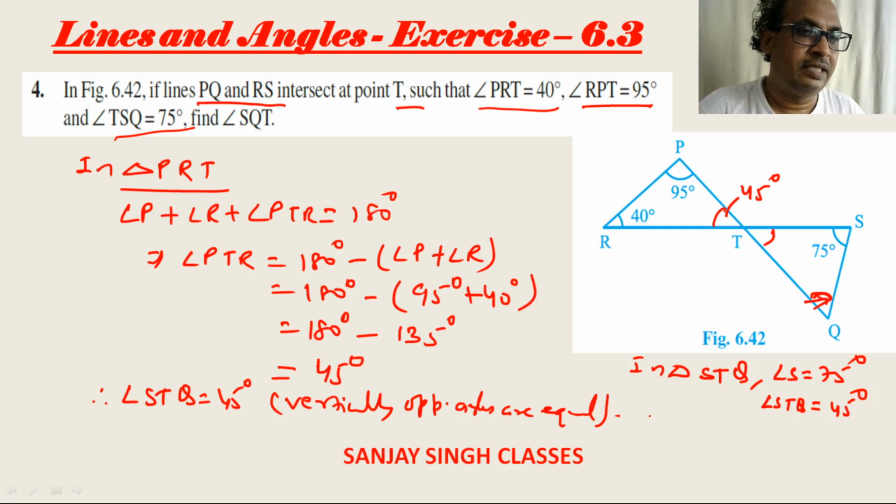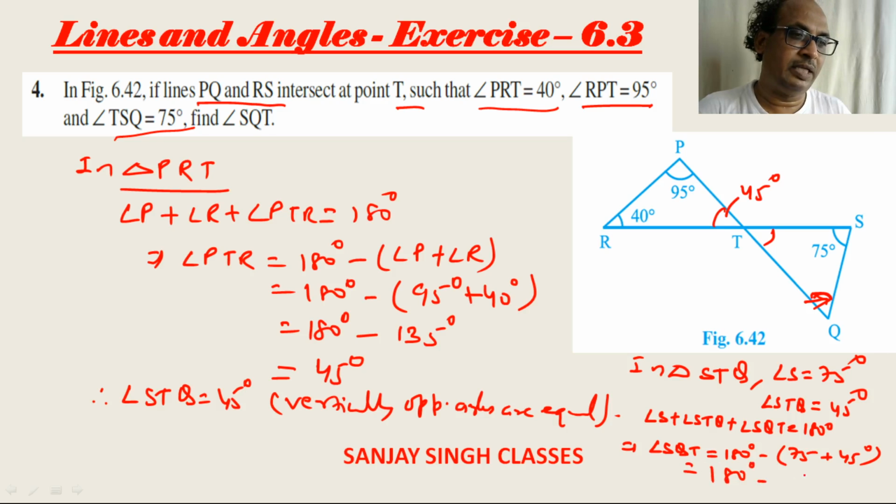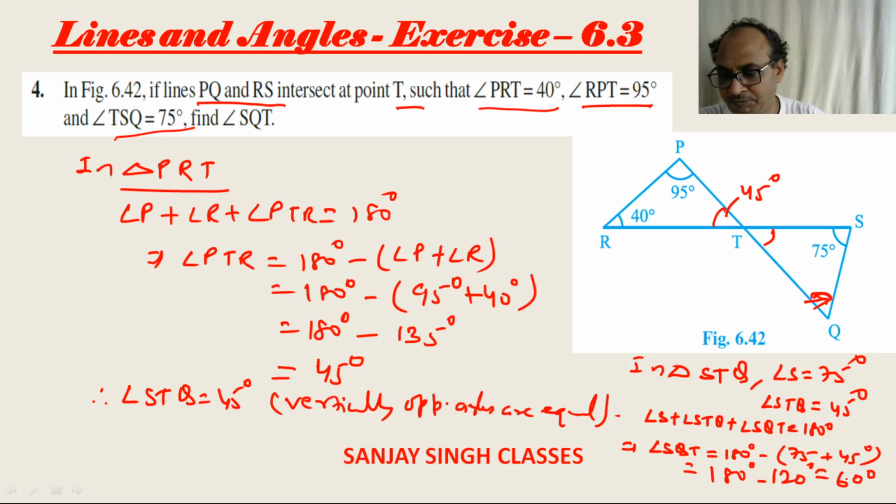So angle S plus angle STQ plus angle SQT is equal to 180 degrees, and angle SQT will be 180 degrees minus (75 plus 45 degrees). This is 180 degrees minus 120 degrees, so it has become 60 degrees. Angle SQT is 60 degrees.